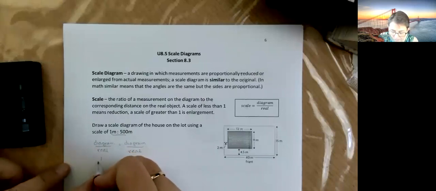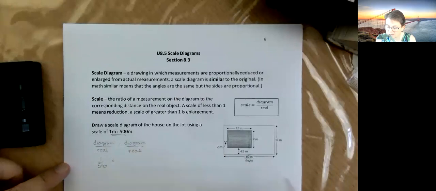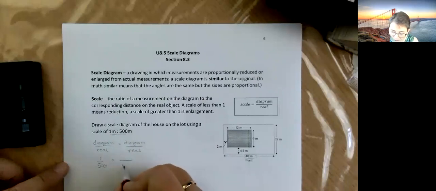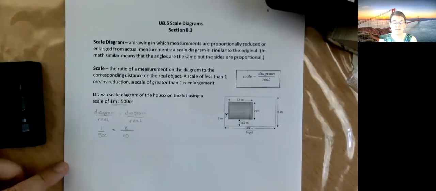So 1 over 500 is equal to, let's start with the biggest number here, 40. It's 40 meters really, but I want to know what it is in my diagram. Then I'm just going to cross multiply.